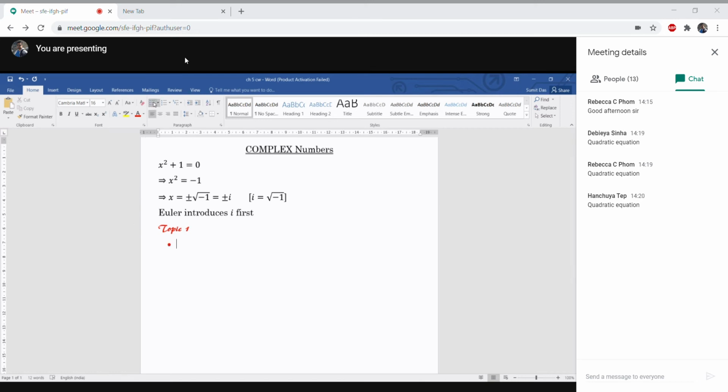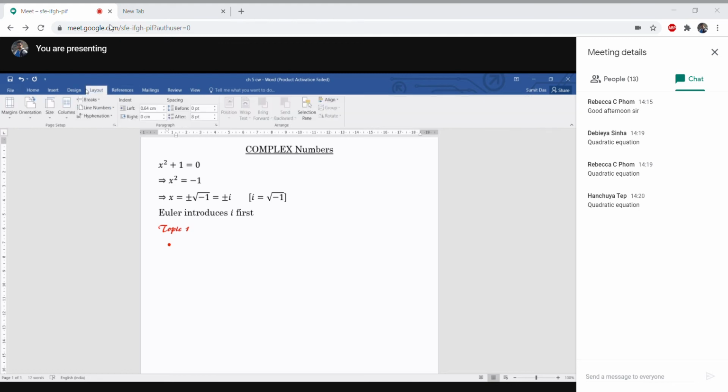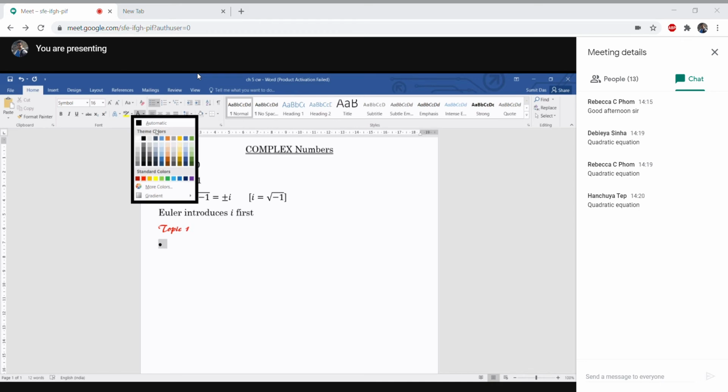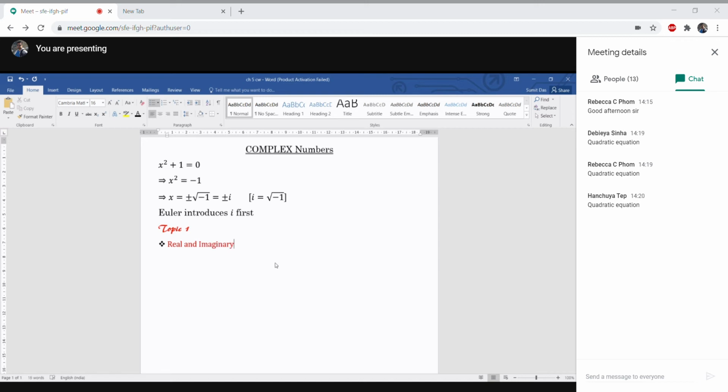Real part and imaginary part of a number. Okay. So, what is a complex number?